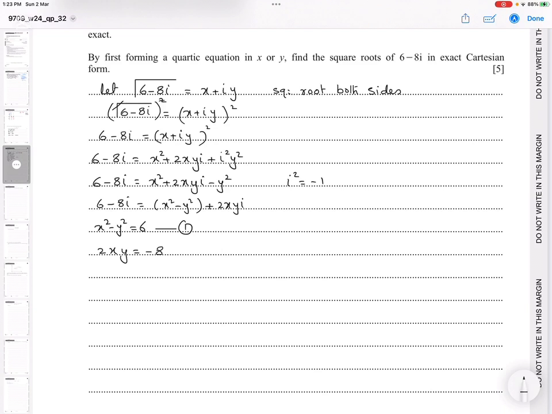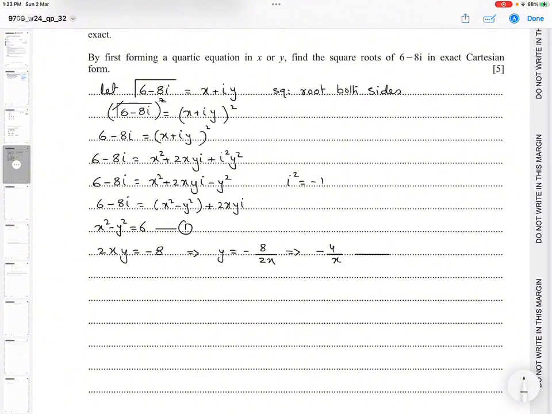So from here I can make y the subject. I can write y equals minus 8 over 2x, which if simplified I can get minus 4 over x.